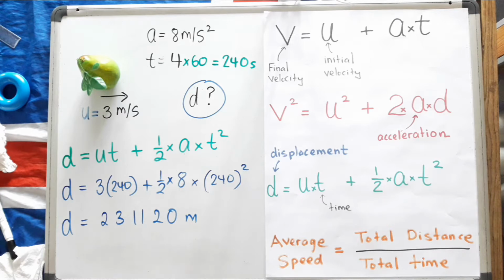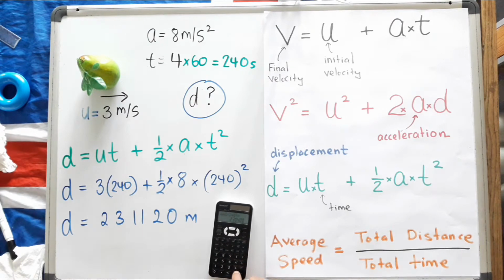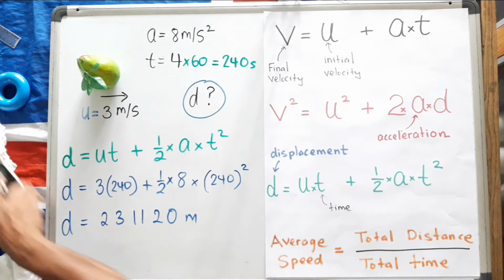Well, that's quite a big distance there. Alright, so I'm just going to double check my answer. 0.5 multiplied by 8 multiplied by 240 squared plus 3 multiplied by 240. Yep, I'm correct. Everything is correct.